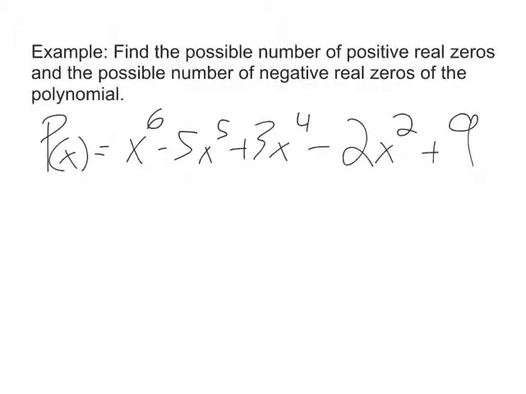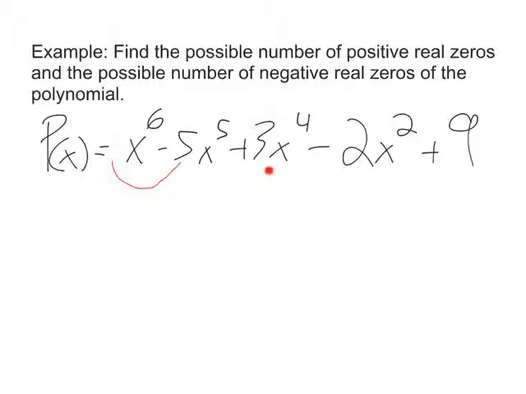Okay, so let's find the possible number of positive real zeros by counting the number of sign variations that we have in this polynomial. We'll start with our first term, the x to the 6th. It's positive. The next term is negative, so that is one sign variation there.